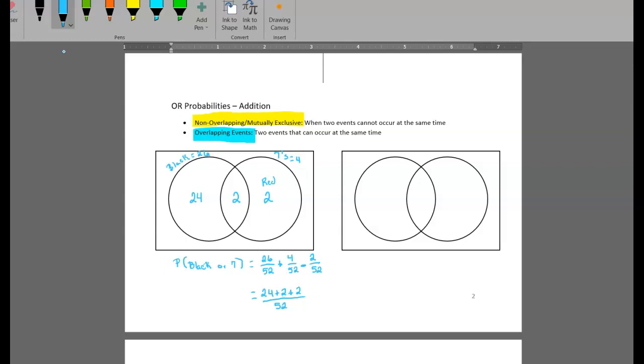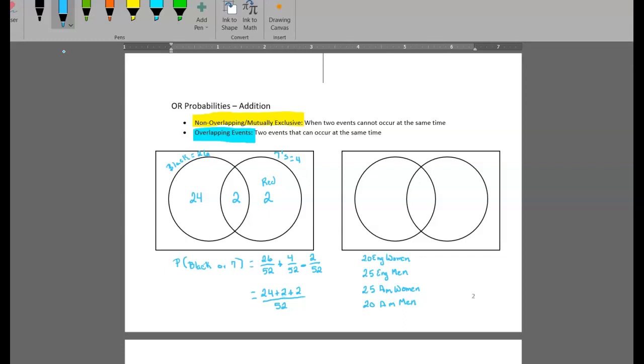Let's look at another example where we have 20 English women. We have 25 English men. 25 American women and 20 American men.